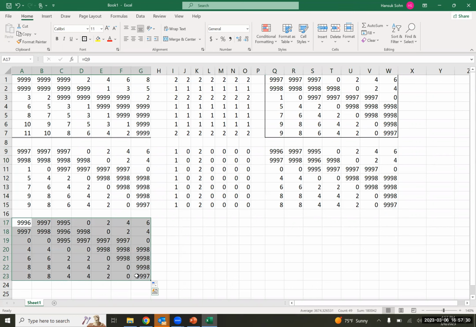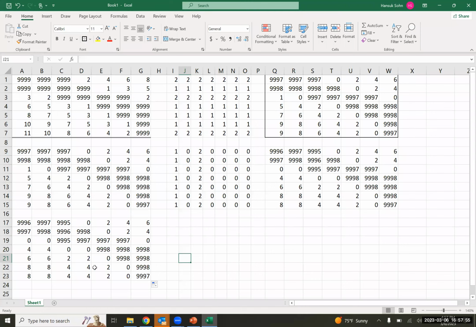And right now we need to perform step number 3 of the Hungarian algorithm. What is that? We need to find the minimum number of lines that can cover every zero in this cost matrix.